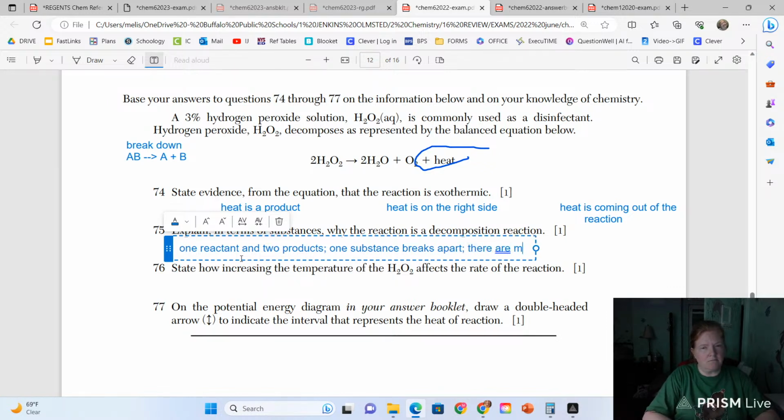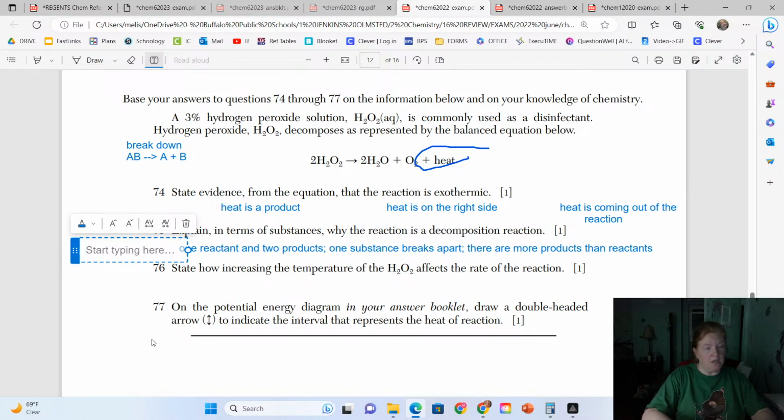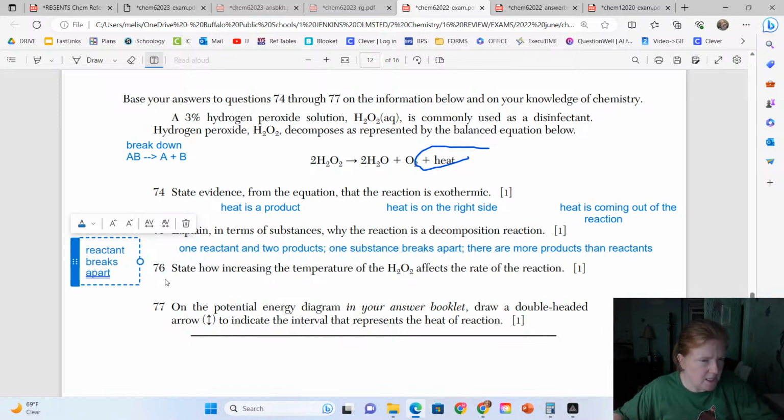There are more products than reactants. Something along those lines. You could say the reactant breaks apart. This is June 2022. You could just say the reactant breaks apart or breaks down. That's also okay.